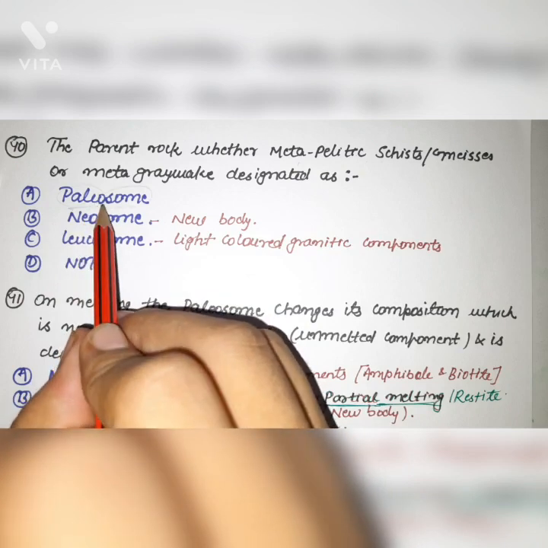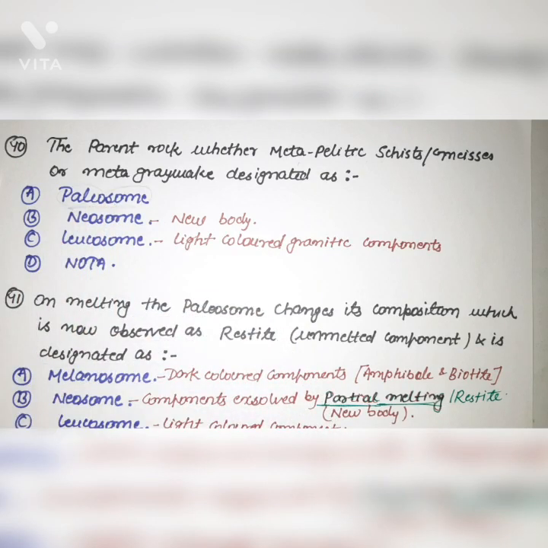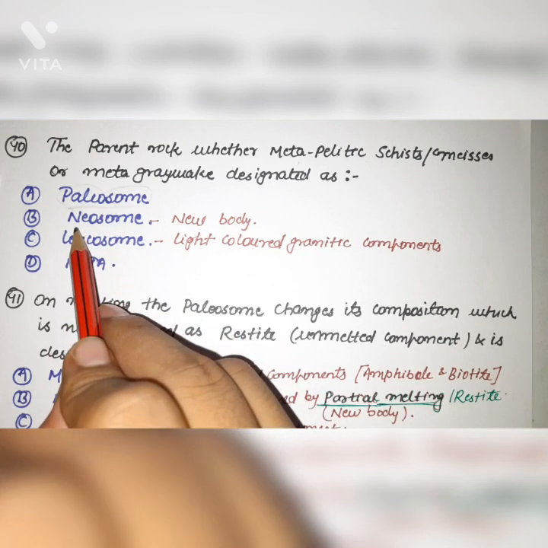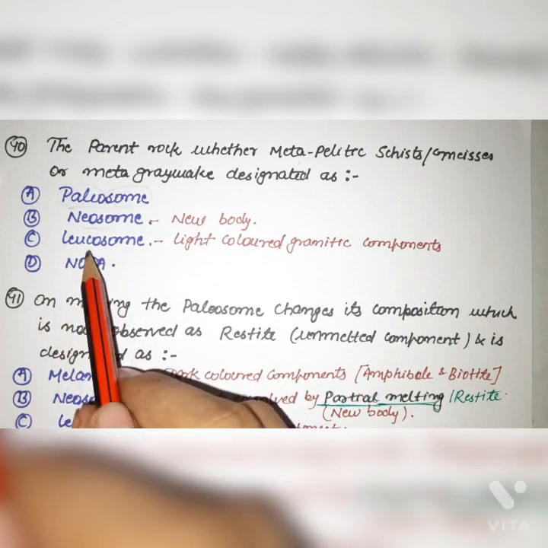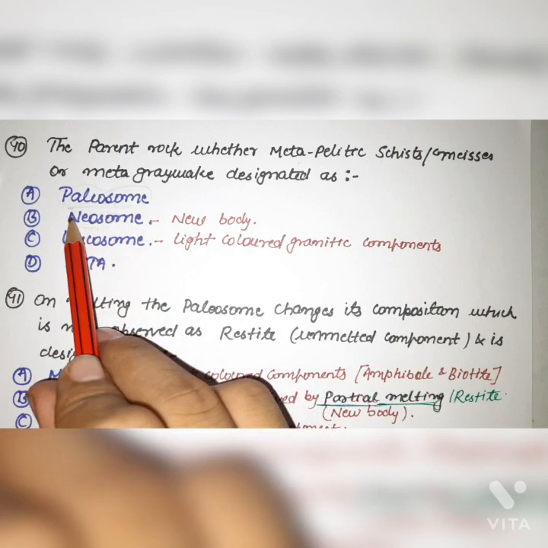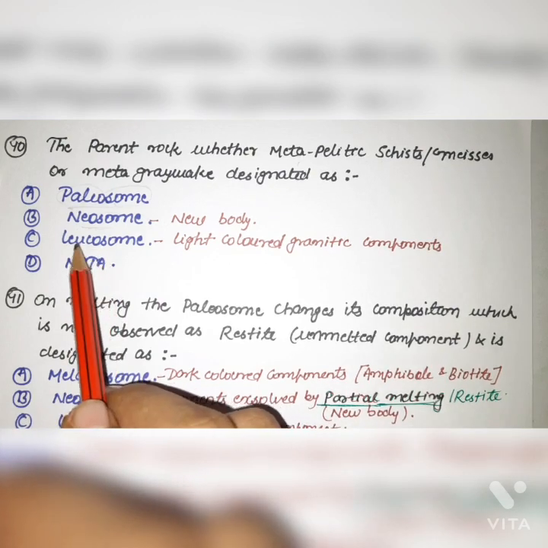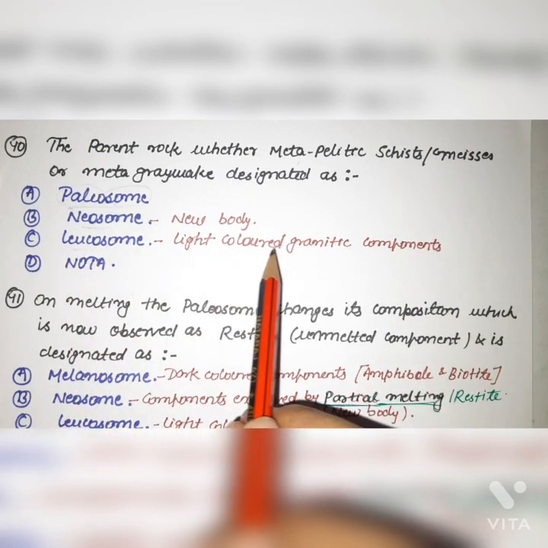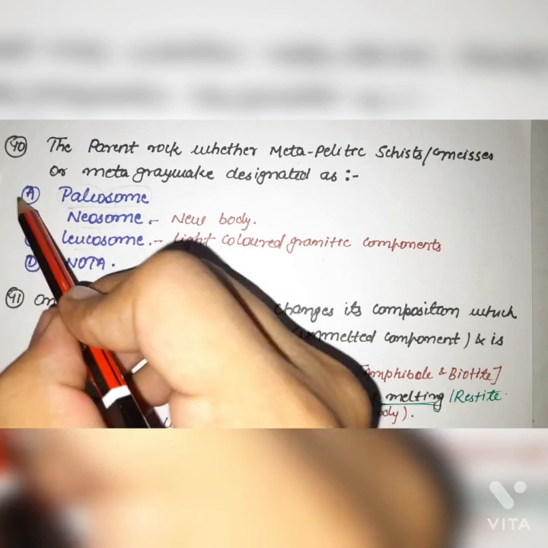Paleosome clearly indicates parent rock, whether metapelitic schist or gneiss. Now, what is neosome? Neosome is new body, not parent rock. This neosome consists of restite and leucosome also. Leucosome is light colored granitic components present in pegmatite. So the correct answer of this question will be paleosome.